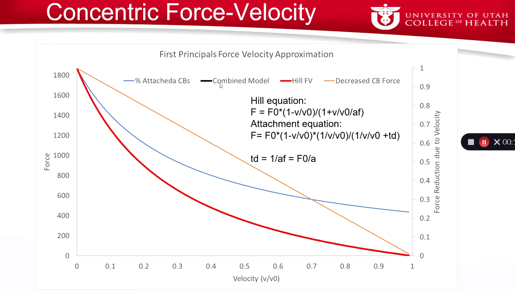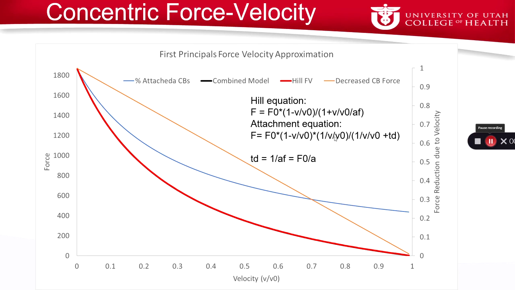So here's my model, the combined model, and here's the Hill. And you can't actually see the black because the red is on top of it. And so if you pick a value for detachment time that's 1 over the AF term, or isometric force over the Hill A coefficient, and you substitute that in here with a little bit of algebra that I won't bore you with, these two equations become identical.